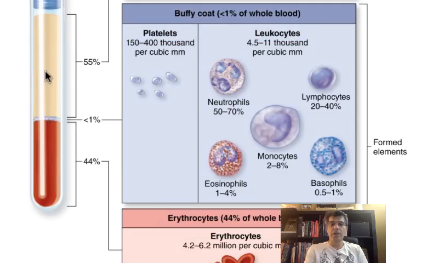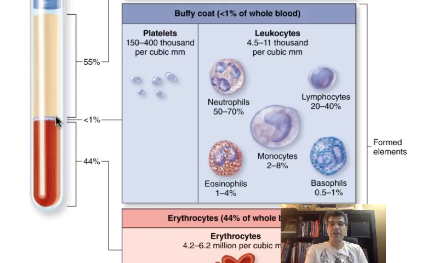If the whole blood is 100%, 55% of our blood is plasma or fluid, and almost 45% is formed elements. Again, formed elements are red blood cells, white blood cells, and platelets.